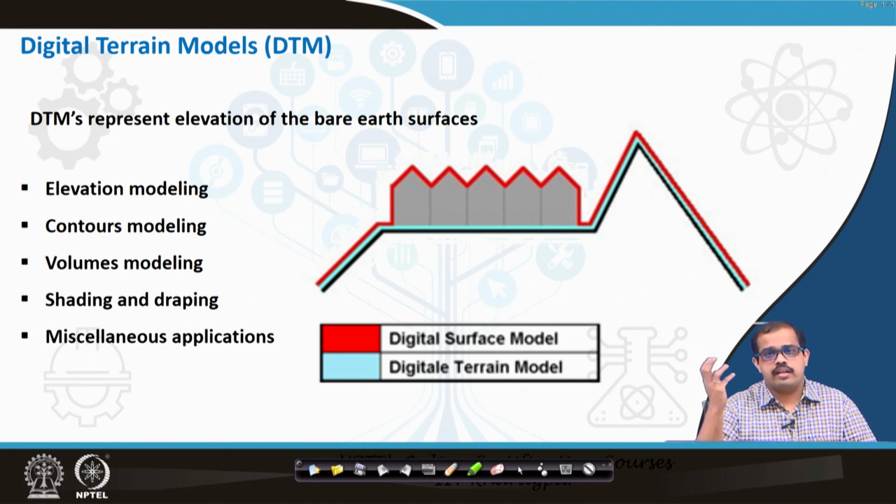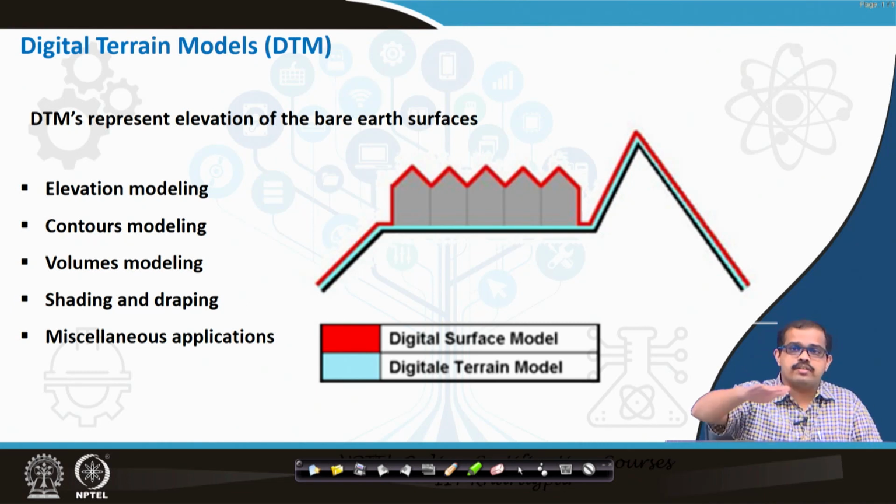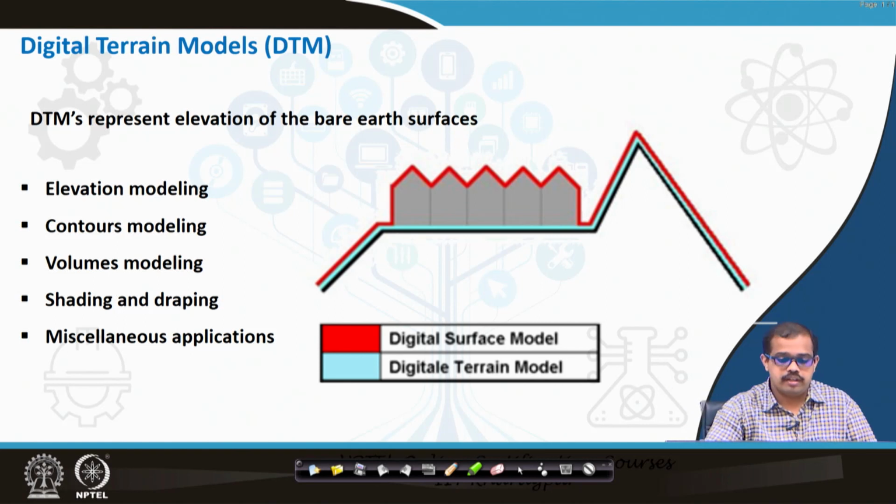I can do elevation modeling, contour modeling, volume modeling, shading and draping modeling, and all of these can be performed using these surfaces. When I look at a DTM, digital terrain model, it is only the surface of the earth that is measured in this particular model. And for the digital surface model, let us say this is the surface of the earth that is being mentioned here.